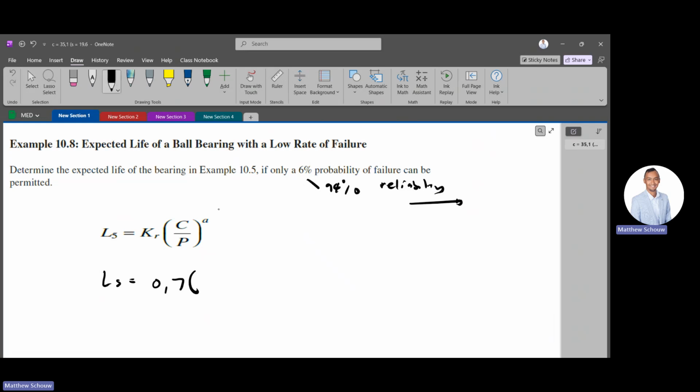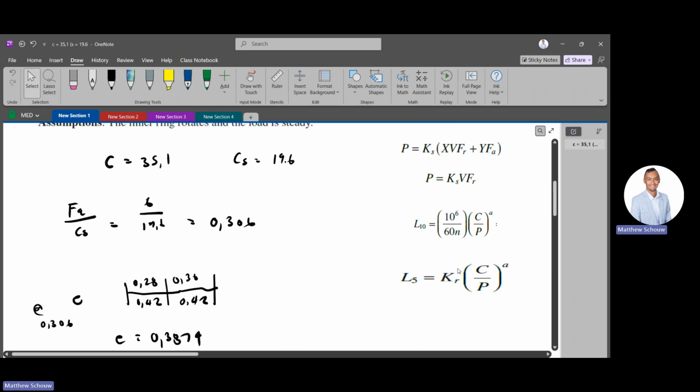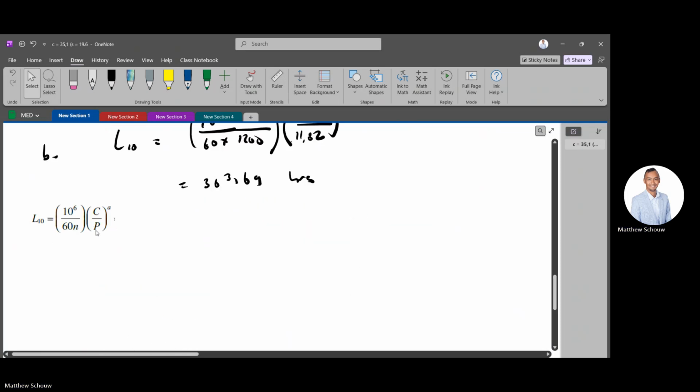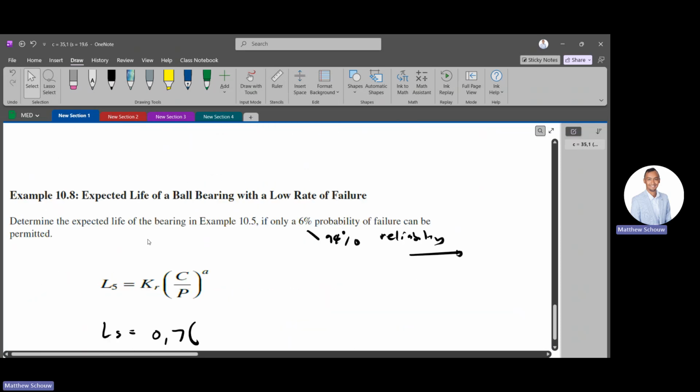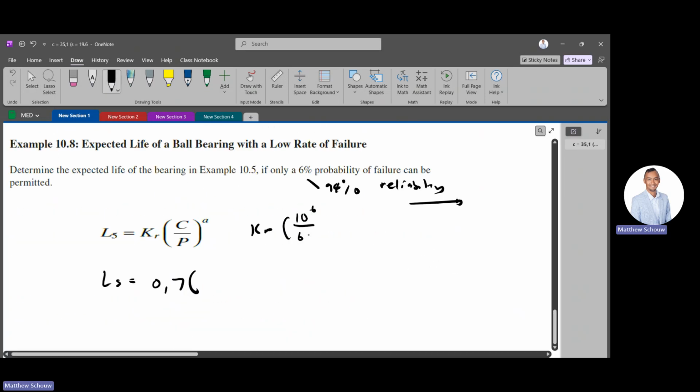But remember your formula: if you want to get that in hours, you want to say 10 to the power 6, divided by 60N, right? And then, of course, you put in the C over P to the power of A.